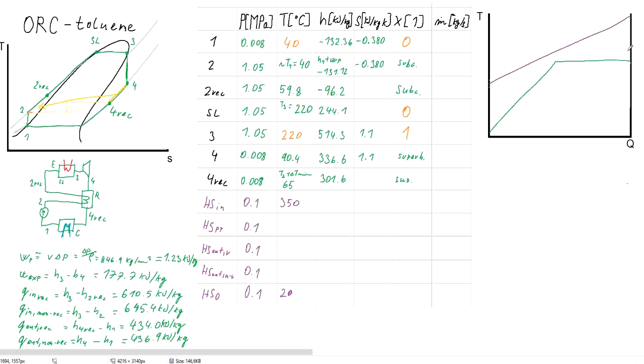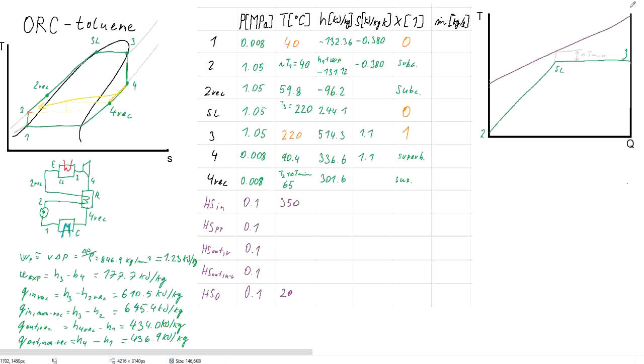So here would be point 3, saturated liquid. Over here we will have the minimum temperature difference. And here will be point 2.